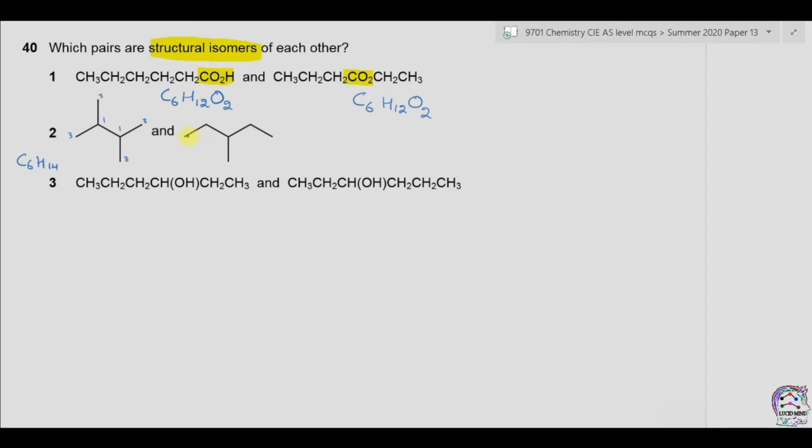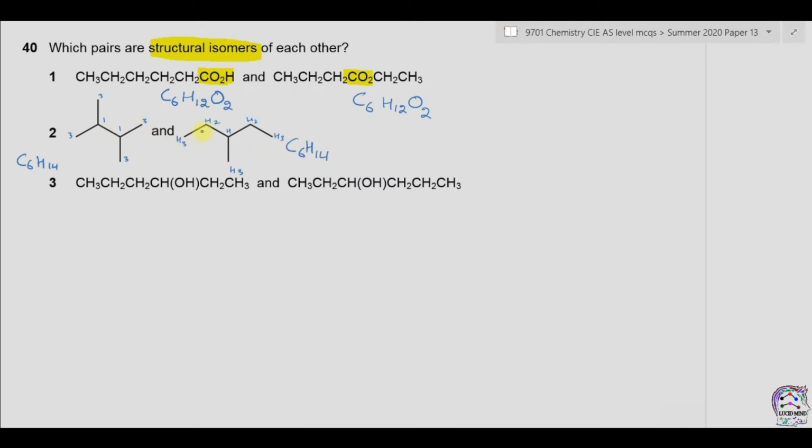For the second option, we have 6 carbon atoms and 14 hydrogen atoms. The molecular formula is the same.